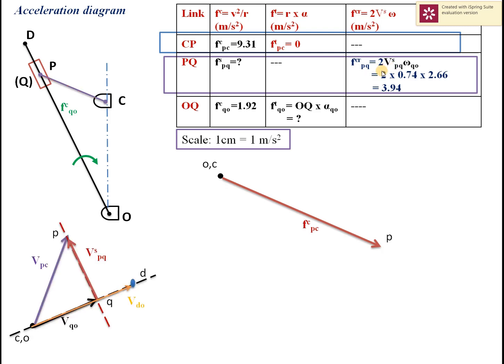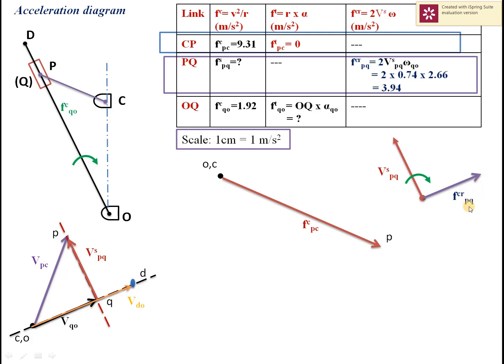We take the sliding velocity vector PQ from the velocity polygon, and rotate this sliding velocity vector, that is VSPQ, in the direction of angular velocity of link OQ through 90 degrees to get the direction of Coriolis acceleration of P relative to Q. So the magnitude of FCRPQ is 3.94 and its direction is perpendicular to VSPQ, and the vector will act towards the right.